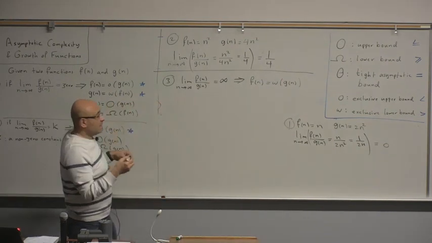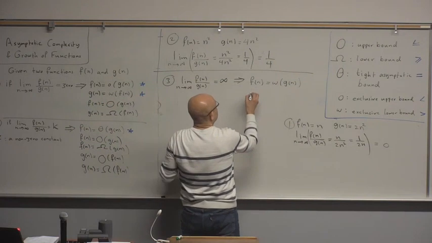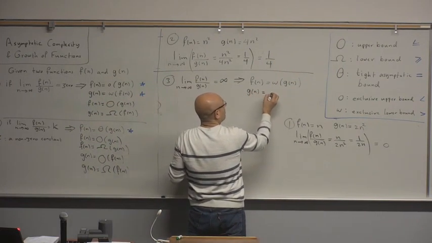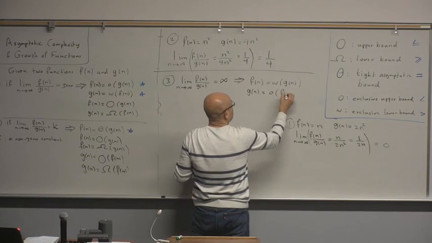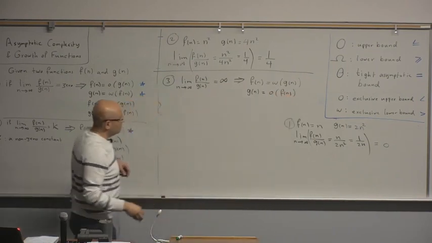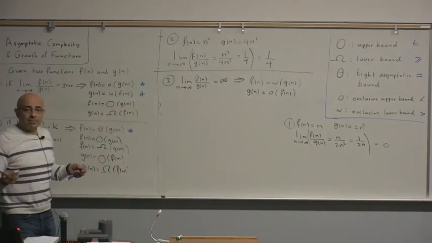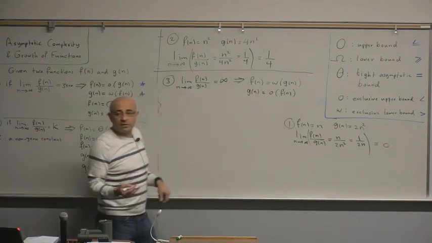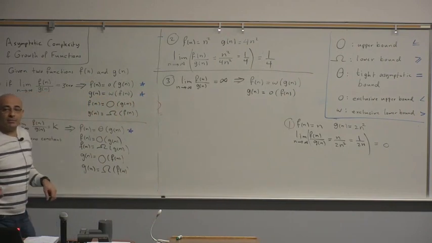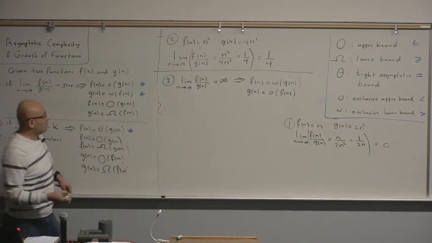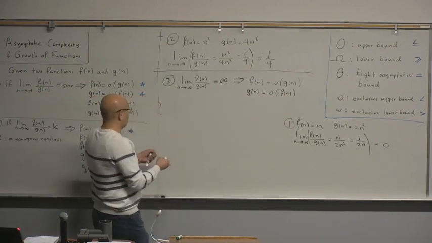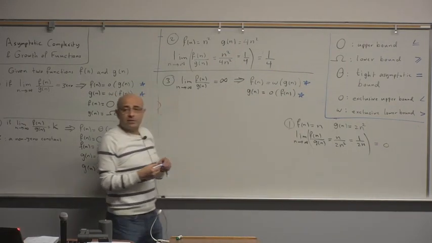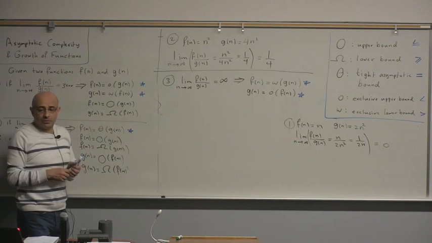Or you can say it backwards: g of n equals small o of f of n. But since the small omega and small o apply, you can also use the big omega and big O. Now this is precise; when you use the big O, it's looser, but it's still true.